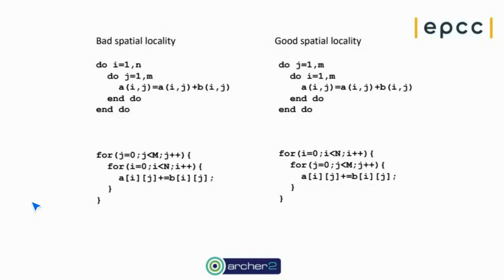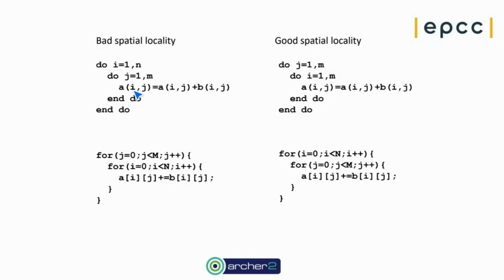So I'm sure most of you are aware of this, but just to go through the basics. In Fortran, the leftmost index into a multidimensional array is the contiguous one, the one that is contiguous in memory.